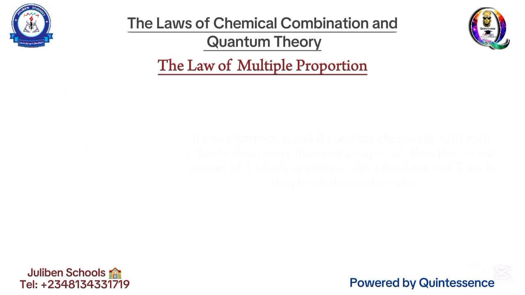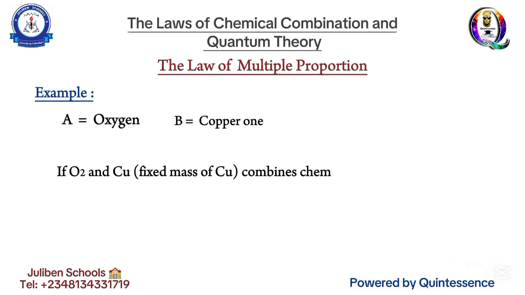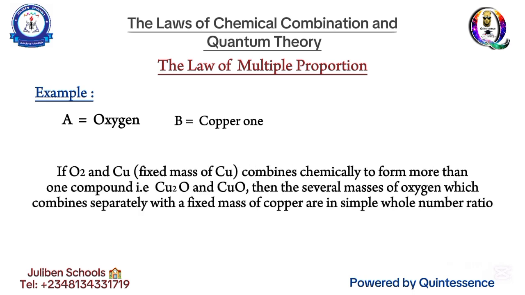Let me give you an example. Let A be oxygen and B be copper, copper 1 to be precise. If oxygen and copper, that is a fixed mass of copper, combine chemically to form more than 1 compound, that is copper 1 oxide and copper 2 oxide, then the several masses of oxygen which combine separately with a fixed mass of copper are in simple whole number ratio.